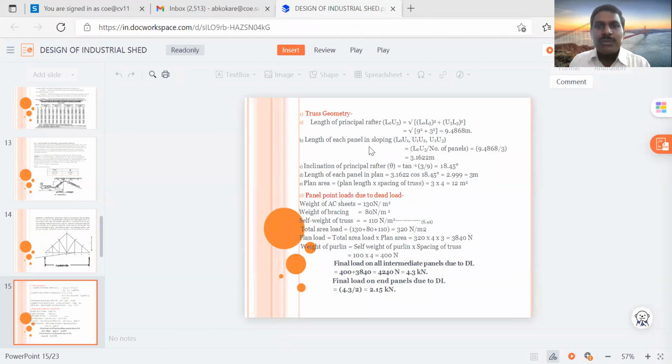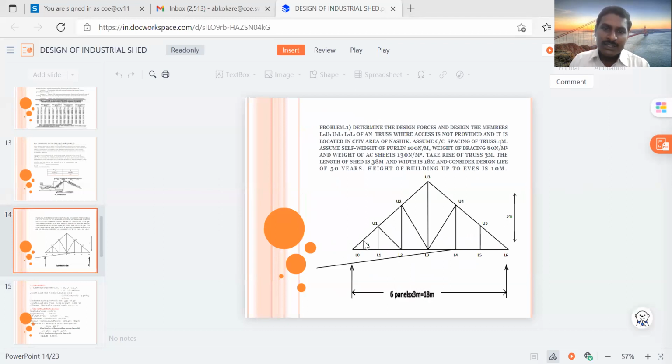Then the length of each panel in sloping. If you see here, L1 U1 is one chord, U1 U2 is another chord, and U2 U3 is one more chord. So here the inclined length we have divided into segments: one segment, a second segment, a third segment.